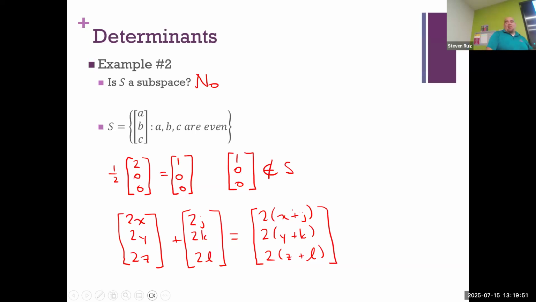So we may not have ever thought about it before, but integers are closed under addition. Integers are also closed under multiplication. It's impossible to multiply integers together and get a fraction back. So this one's not a subspace, even though it meets closure under addition. It fails closure under multiplication. Questions there?